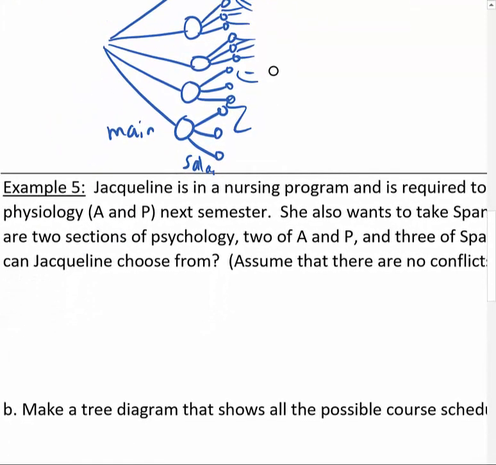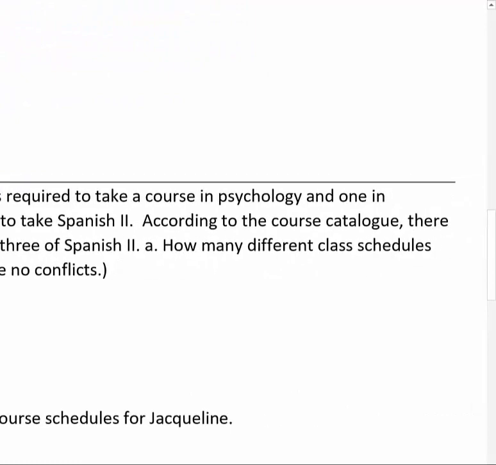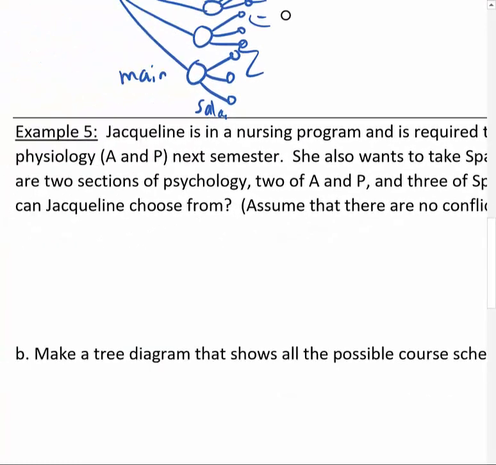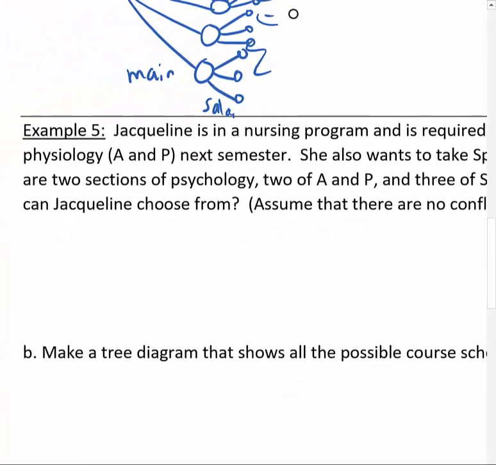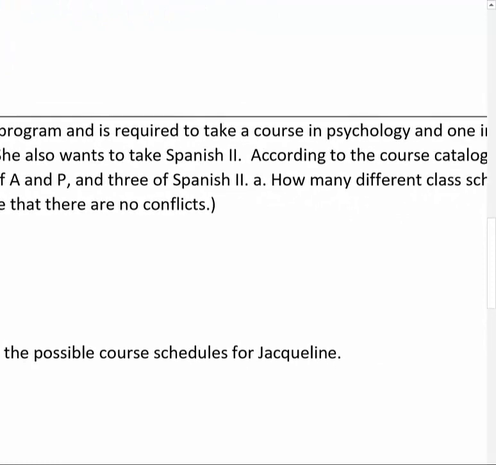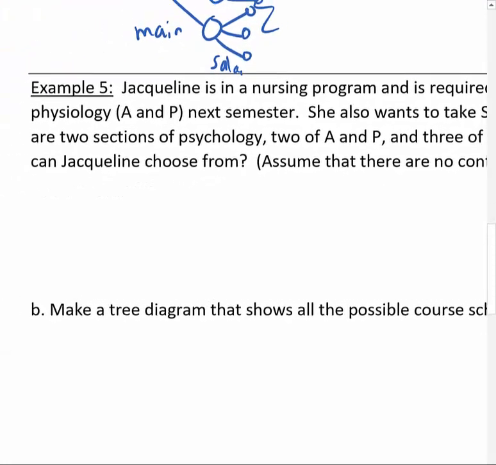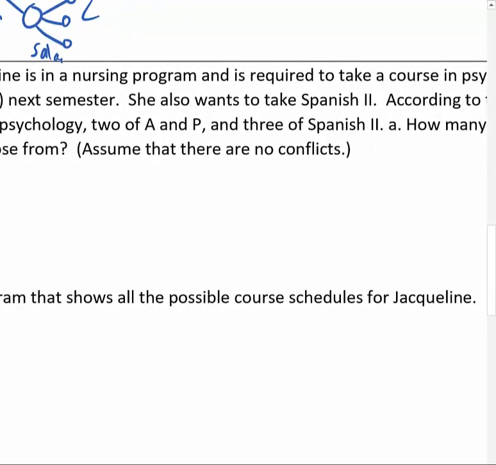So let's see. Example 5 says, Jacqueline is in a nursing program and is required to take a course in psychology and one in physiology, A and P. Next semester. She also wants to take Spanish too. According to the course catalog, there are 2 sections of psychology, 2 of A and P, and 3 of Spanish.